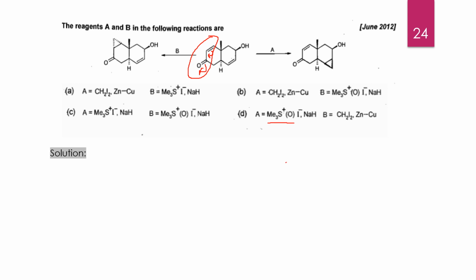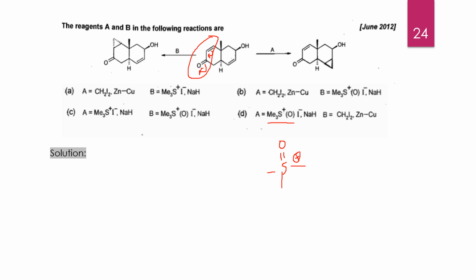If we write the reagent like this, this is sulfoxonium halide. And this is called sulfonium halide, because see, there is no oxygen.